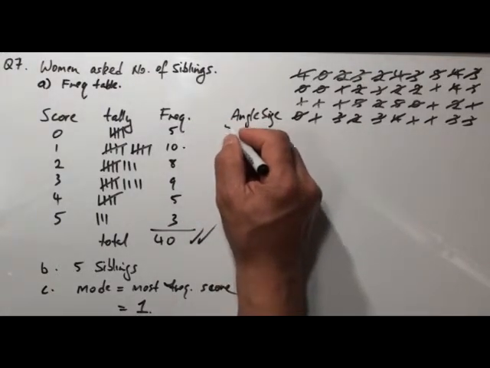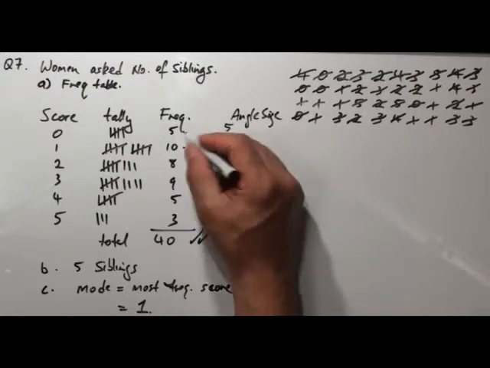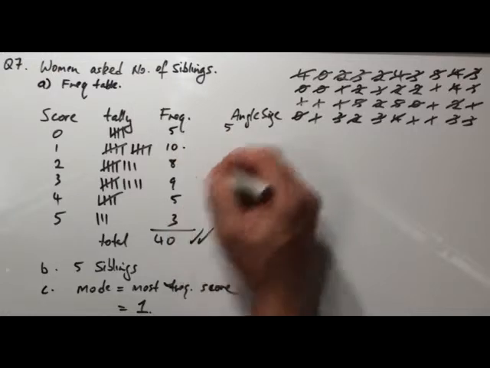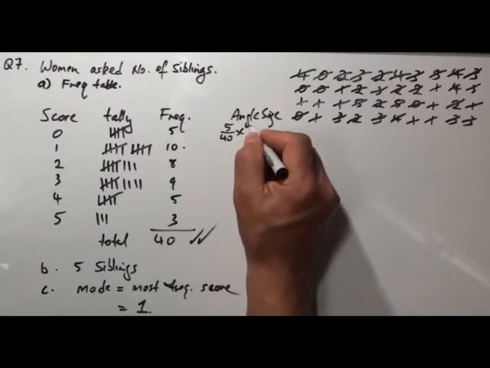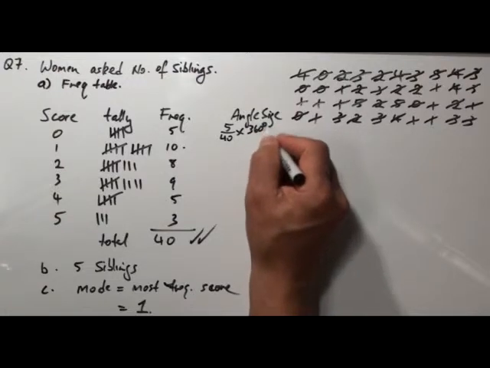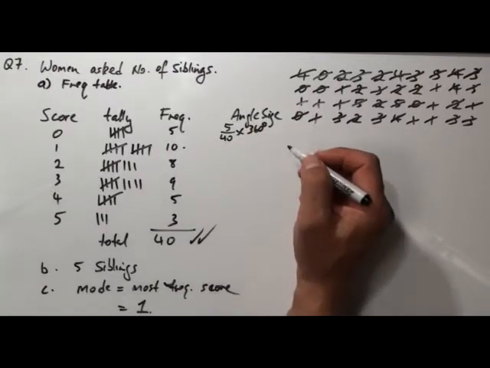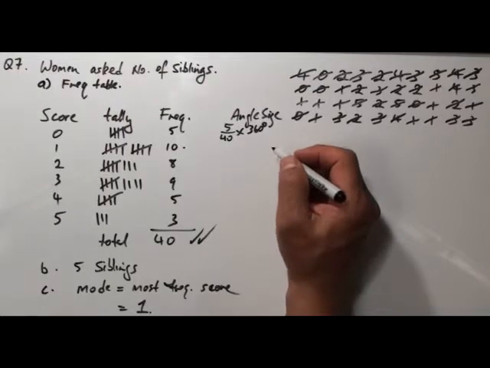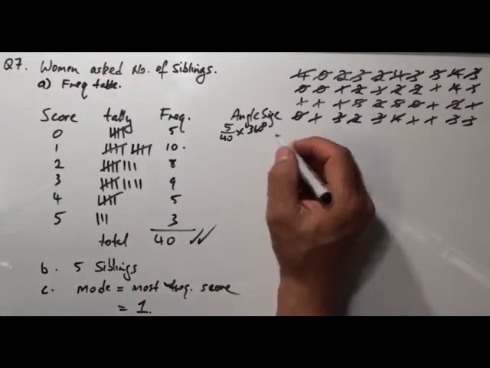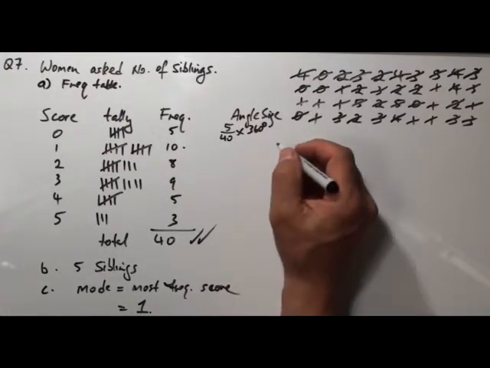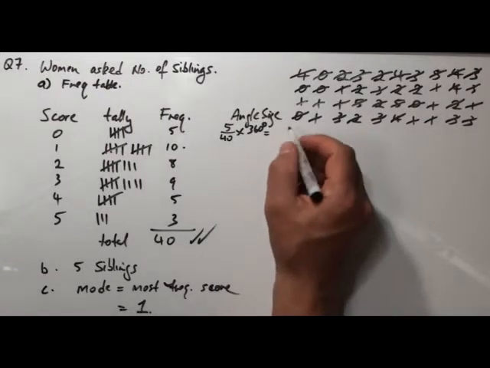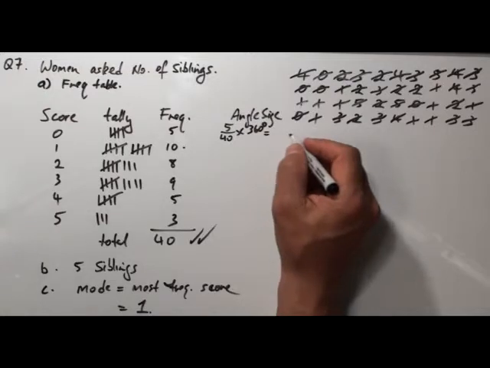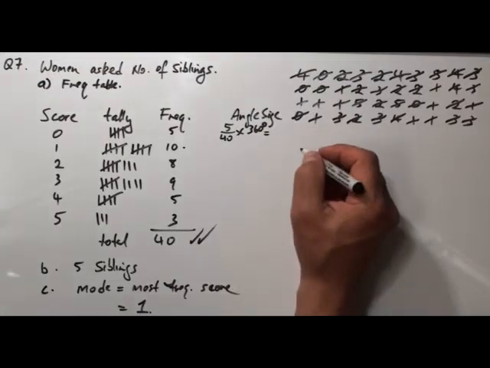In working out the angle size, you work out the fraction, which will be what portion is 5 of the total, which will be 5 over 40, multiplied by 360 degrees. That will give us the angle size, because we're really looking for the portion of our pie chart or sector graph, and this will give us the angle size that we need to construct.